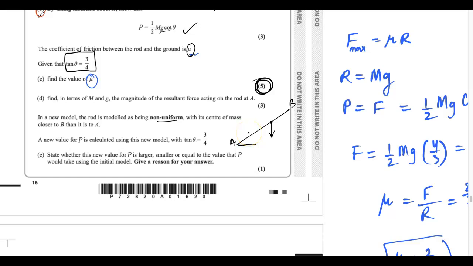If we have the moment of the weight, more chances for slipping, that means the moment of weight about A would be larger, isn't it?